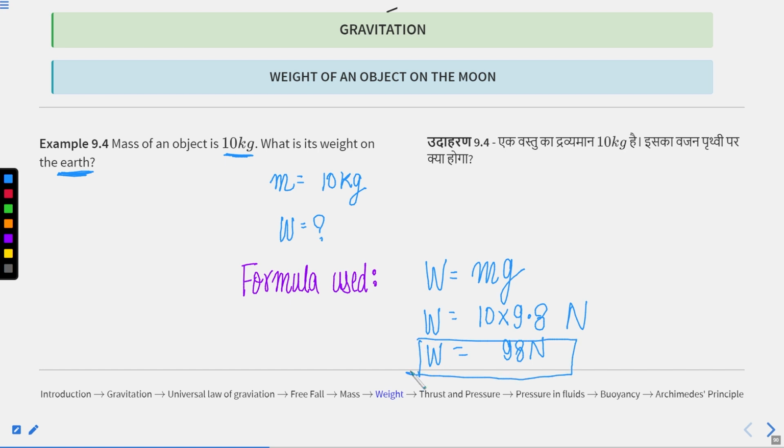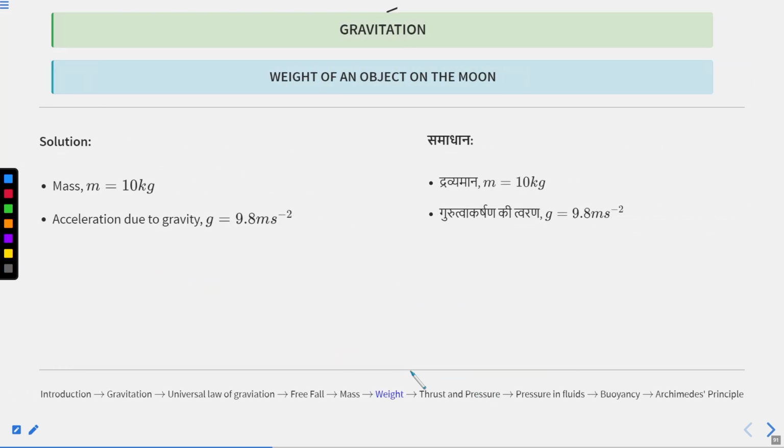Okay. So if an object has a mass of 10 kg, then earth is attracting that object with a force of 98 Newton. So that object's weight is 98 Newton. Is it clear, class? Let's see its detailed answer. Mass is 10 kg.